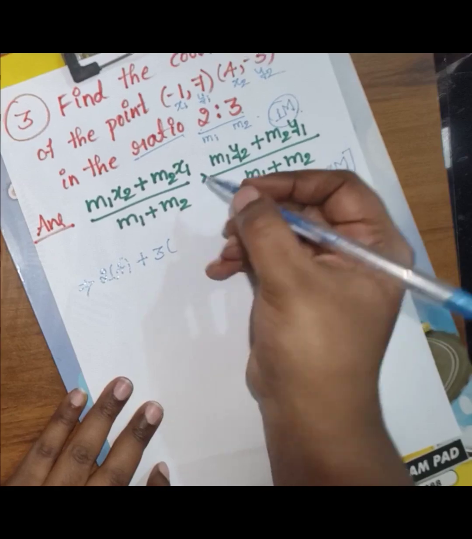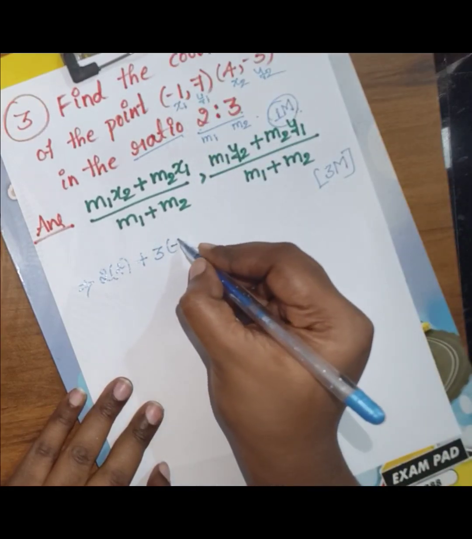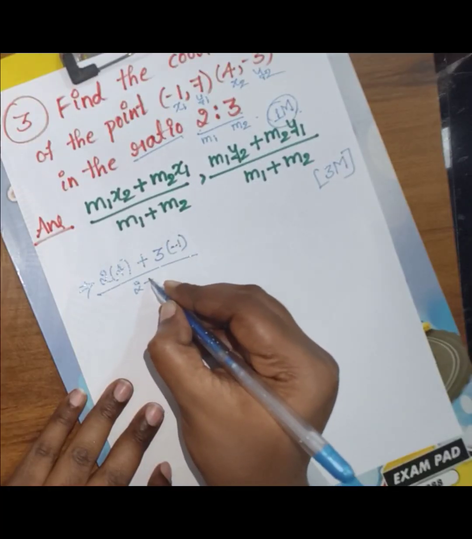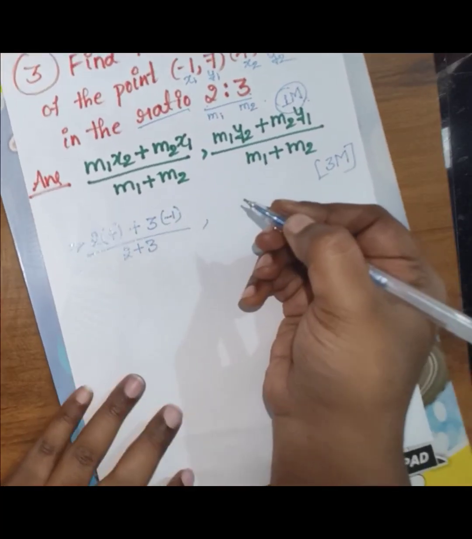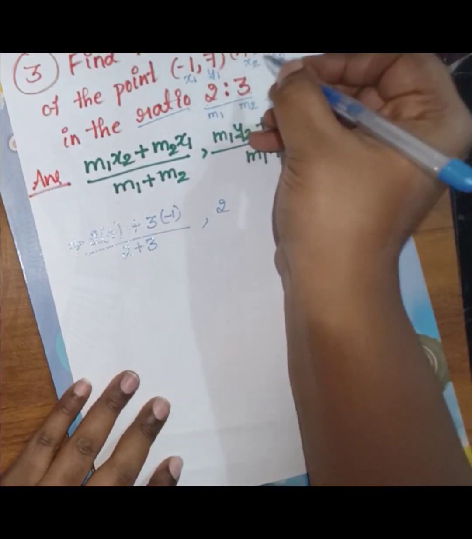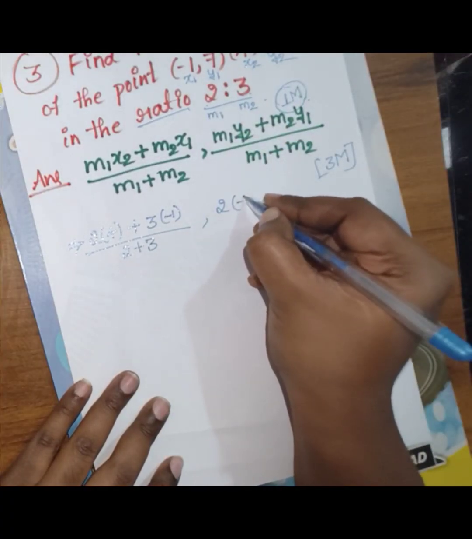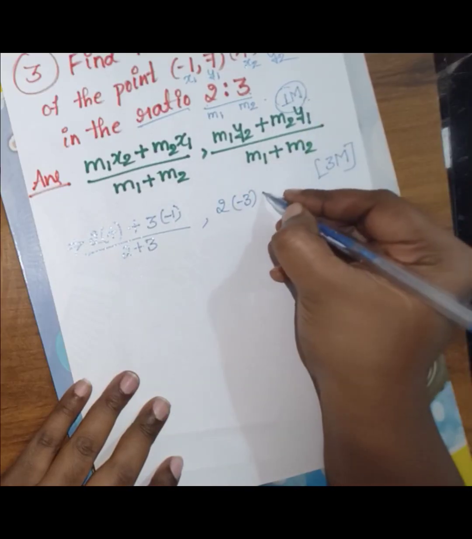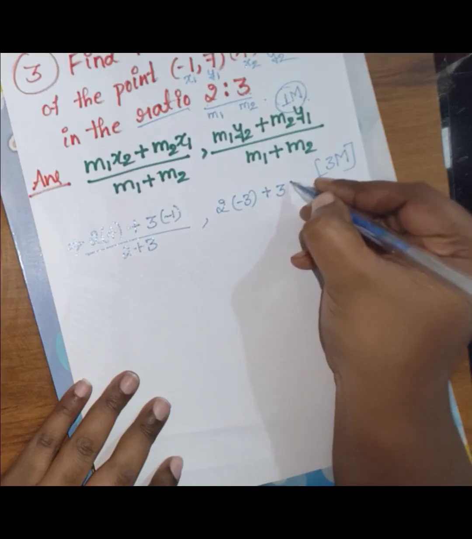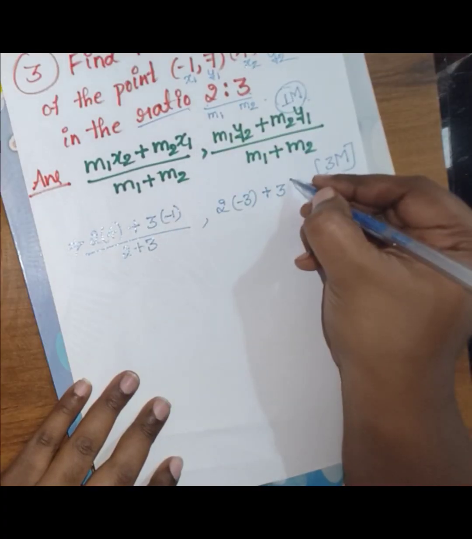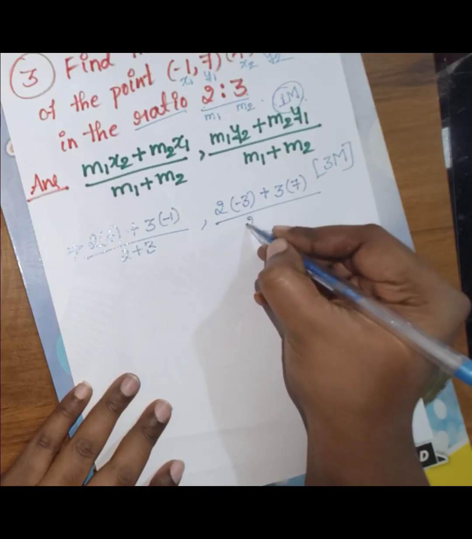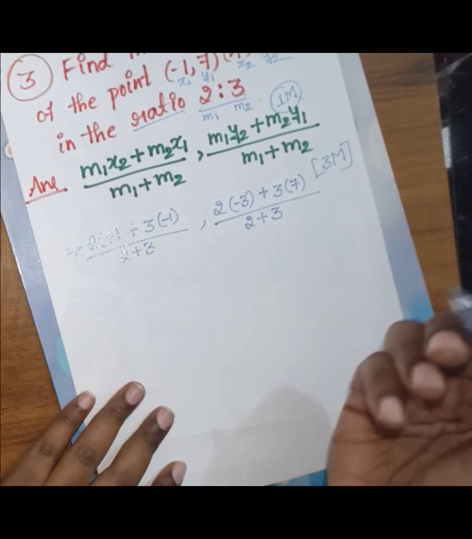When you are multiplying, you should open the bracket: minus 1. Then M1 plus M2: 2 plus 3. Then M1 is 2, Y2 is minus 3, then plus M2 which is 3, then Y1 which is 7, by M1 plus M2, 2 plus 3.